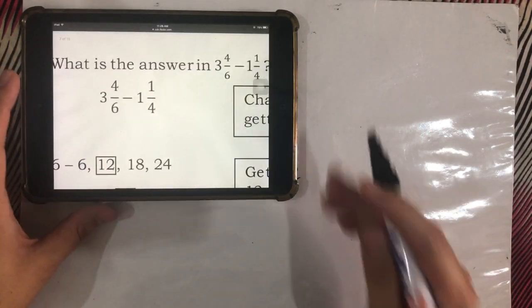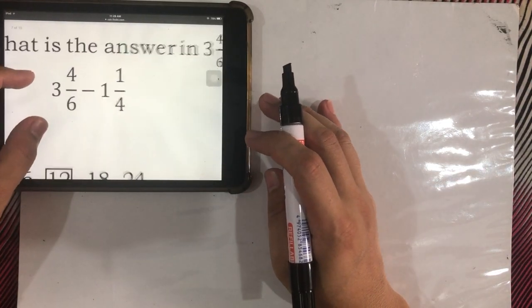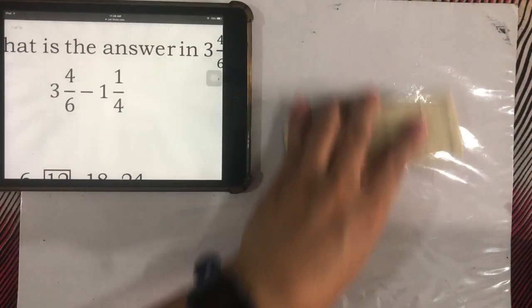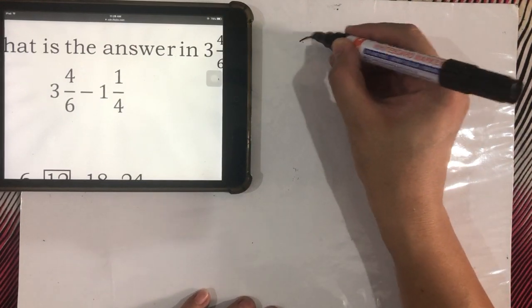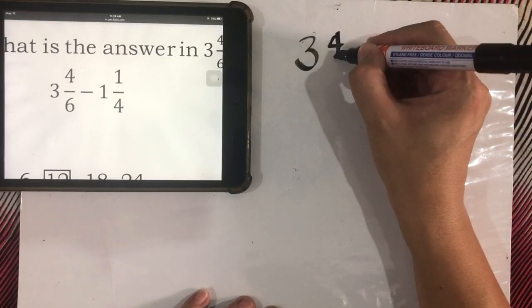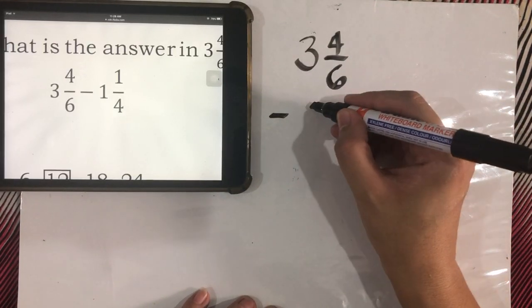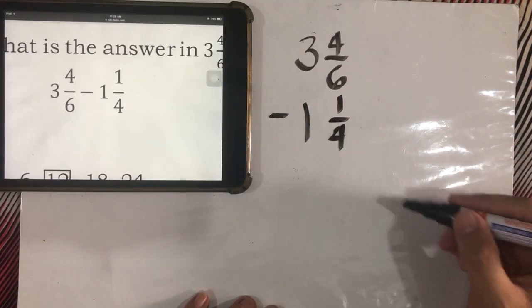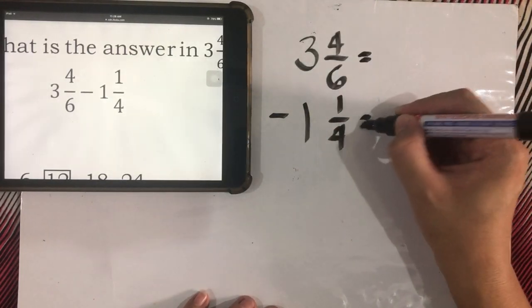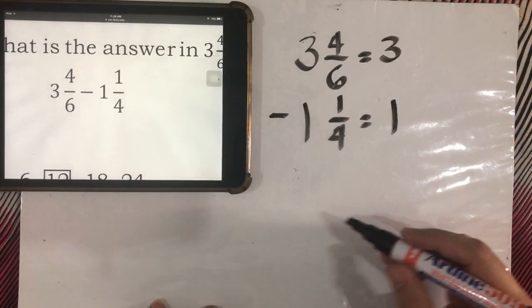So, try natin i-solve na lang para mas maintindihan. Solve natin. So, we have 3 and 4 over 6 minus 1 and 1 over 4. Okay? Magkaiba ng denominator. So, kailangan hanapin ang bagong denominator.